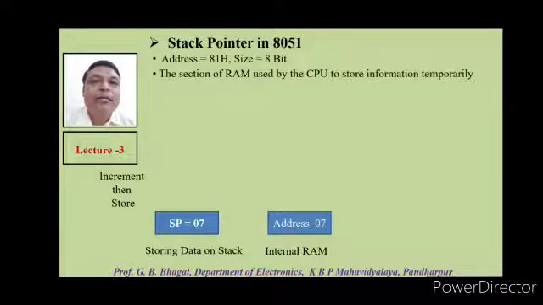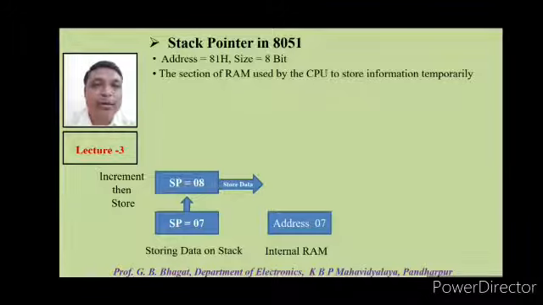Then, for storing data on the stack, the style is increment the stack and then store. That is, the stack pointer is first increased by 1, from 07 to 08, and then data will be stored at this address.